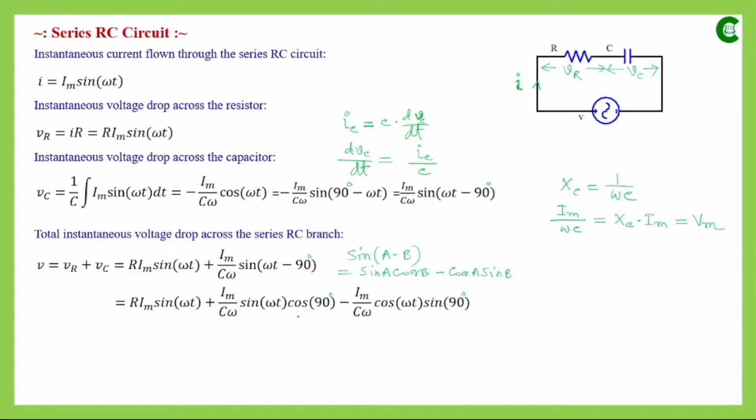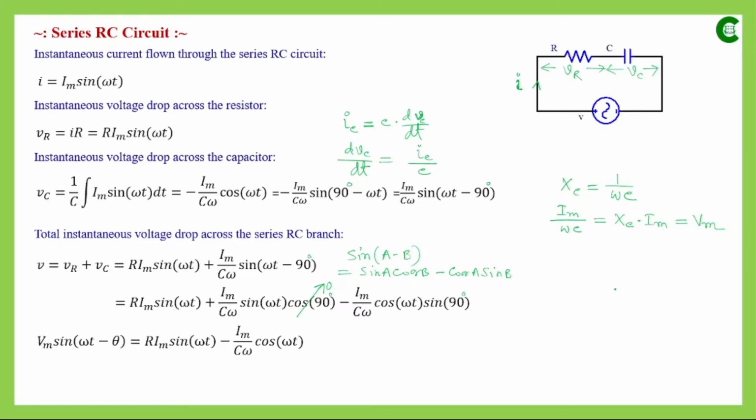And cos 90 degree we know is 0, so altogether this term will vanish. And sine 90 degree is 1, we already know. So finally, the modified equation will be Rim sin omega t minus Im by omega c cos omega t.